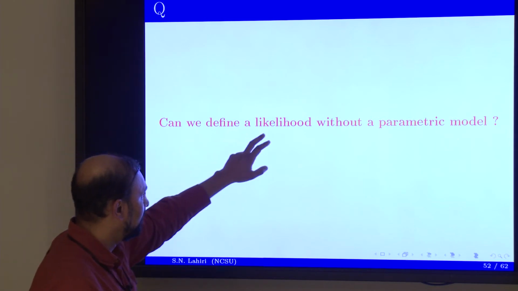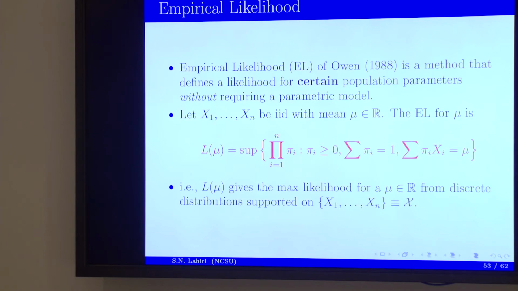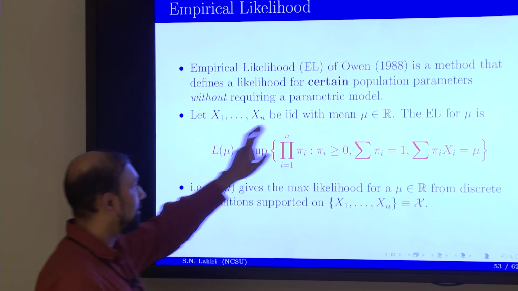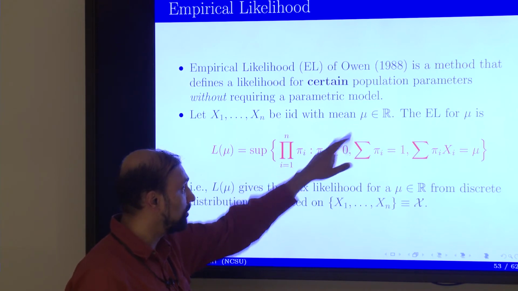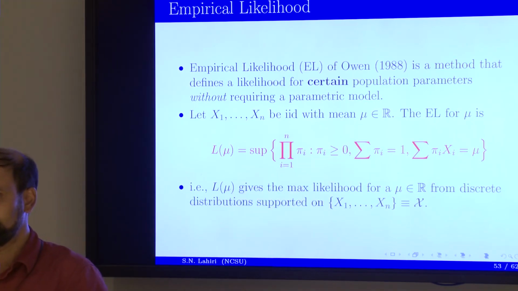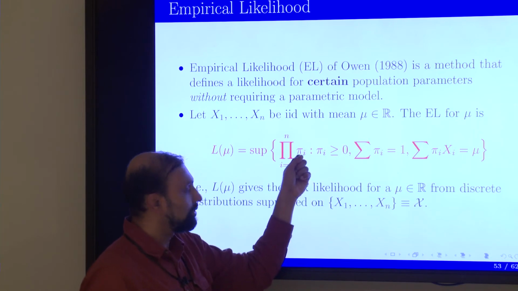Empirical likelihood defines a likelihood without specifying a parametric model. You can do so for certain population parameters. For the case of the mean, the population mean, this is the formulation. You don't have a model, so what you do, essentially, you assign weight pi i, a probability weight, to the ith observation.